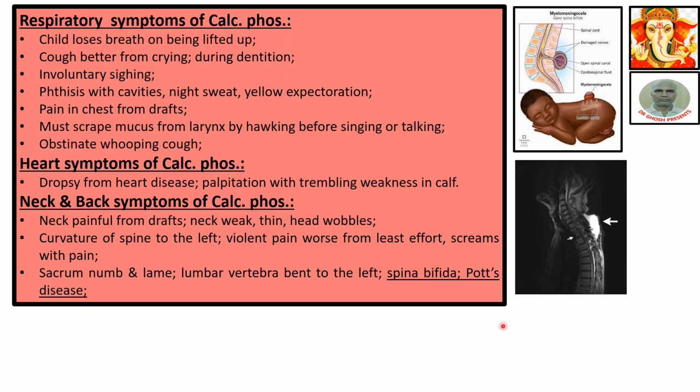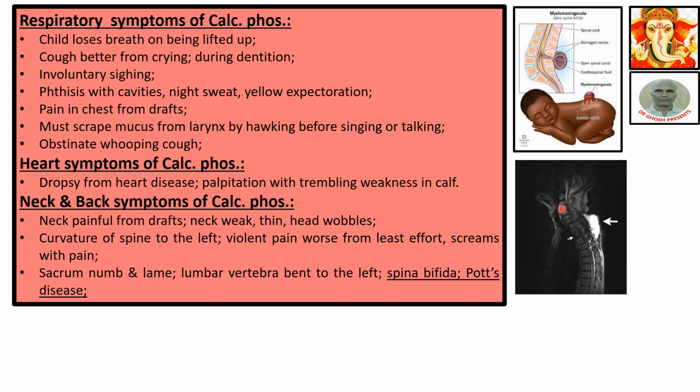Spina bifida, I have shown this here. Actually, this is a problem in the formation of the spinal cord. It is congenital in nature and generally requires surgical intervention. Sometimes medicine may act, and that medicine is Calcarea Phos. Pott's disease is tubercular spine, I mean spinal tuberculosis.